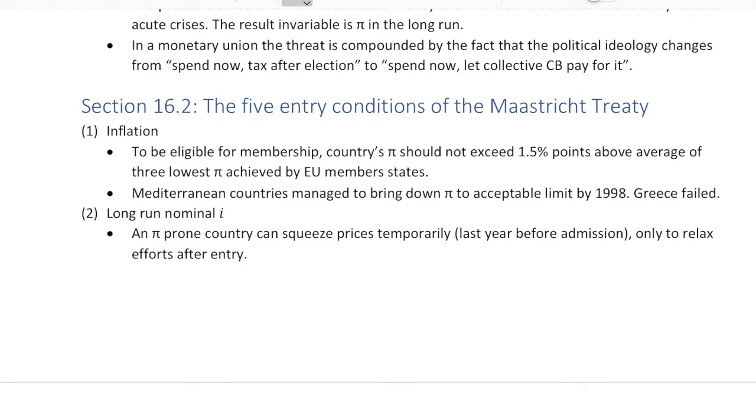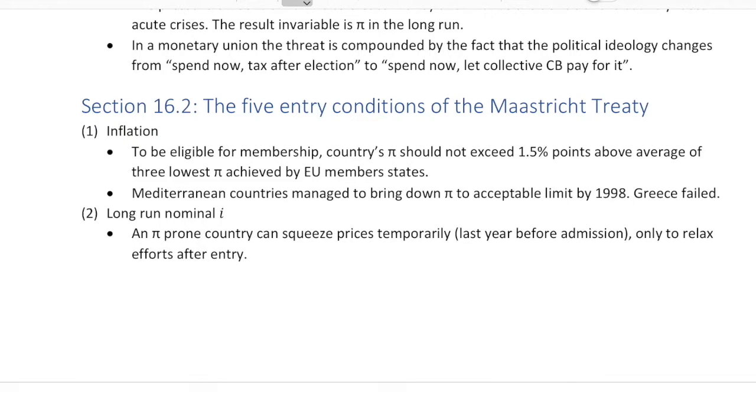The idea is that a lot of these entry conditions are conditions that the country should have already demonstrated they have met before they're able to apply for and join the Eurozone. Okay. So these are, in some ways, dry conditions. So we'll just zoom through it.